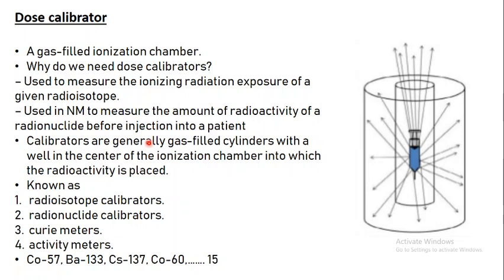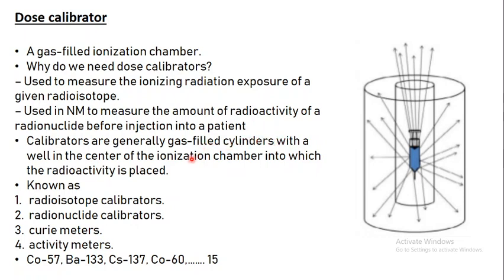Any incident radiation passing through the tube ionizes the gas molecules, and the opposite ions, electrons and positive ions, move toward their respective electrodes. The electrons move toward the anode, pass through the circuit, and discharge at the cathode.